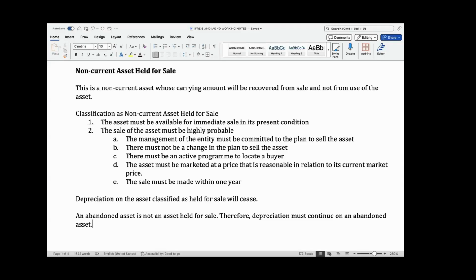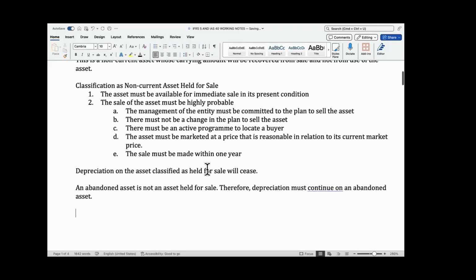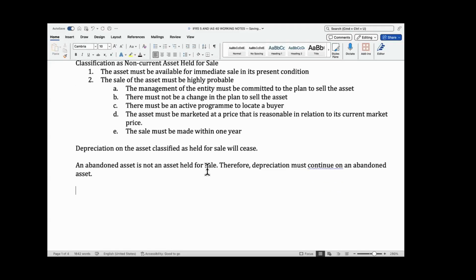Now, having noted that, when you classify an asset as held for sale, how do you measure such an asset? Measurement of non-current assets held for sale. How do you measure a non-current asset held for sale?